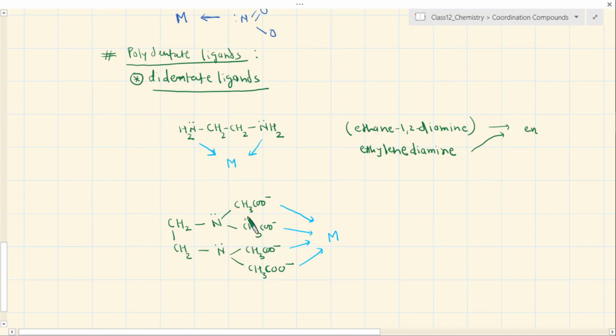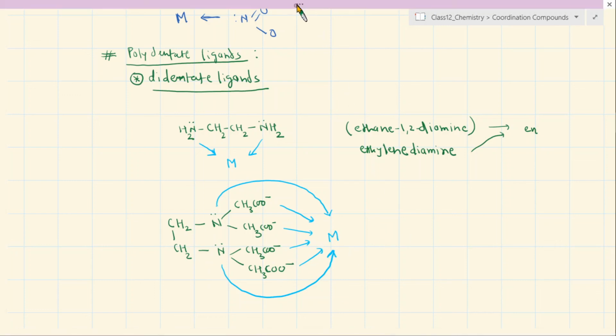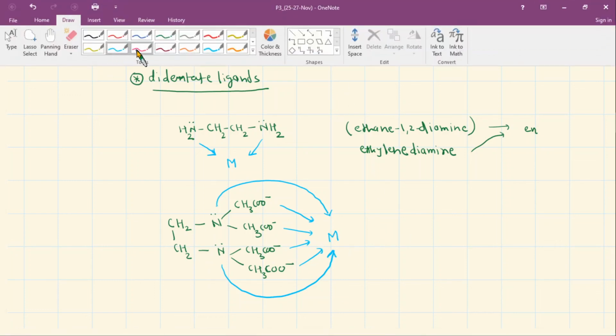I'm not writing down the structure right now, but actually they organize in a certain way that gives a very typical structure. We will be learning that later. So you can see that through 2 nitrogen atoms and 4 of these acetate ions, it is a hexadentate ligand.